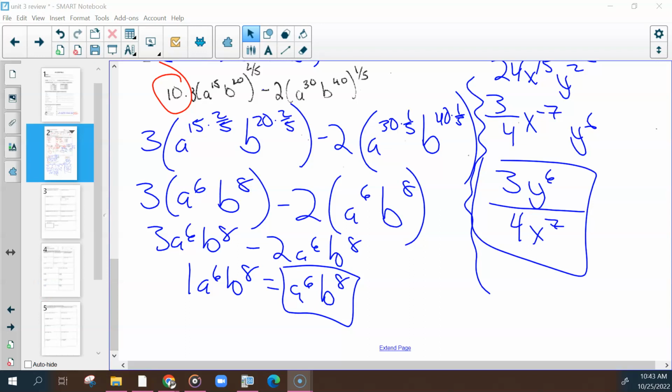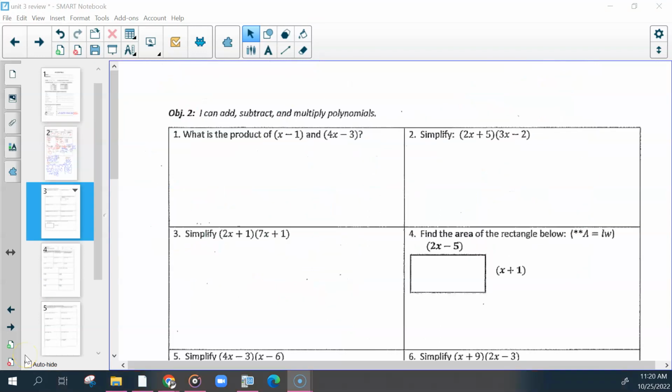Anything you see you're not sure how to start, want to double check because you did it, have questions about anything like that? Seven.